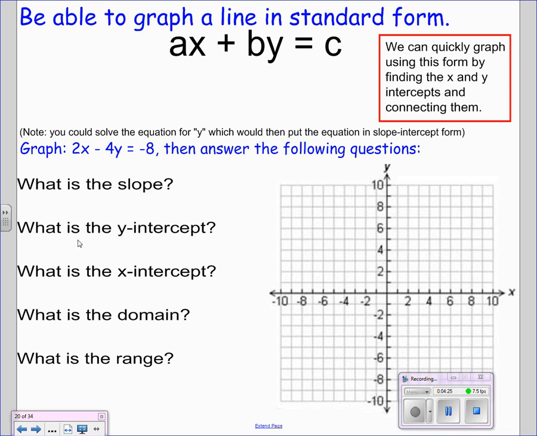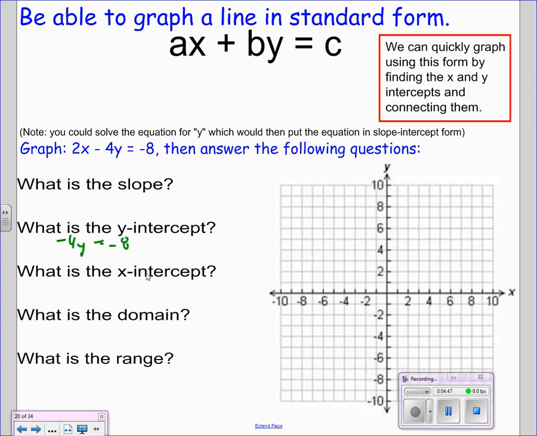So if I want to look for the y-intercept, I'm going to cover up 2x. In other words, make it disappear, and I'm only left with negative 4y equals negative 8. Covering up means I replaced x with 0. And so 2 times 0 is nothing, so it disappears anyways.